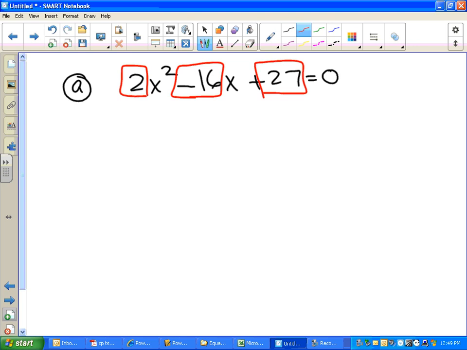It's in the correct form already. We don't have to do any manipulating. A is 2, b is negative 16, and c is 27. So once we've identified those variables, we're just going to put them in the correct spot.